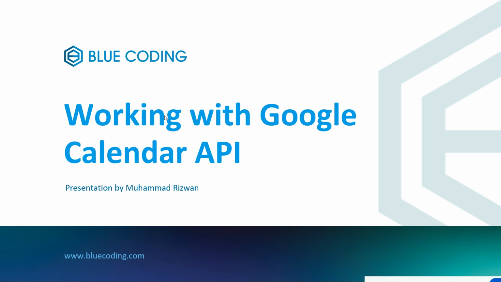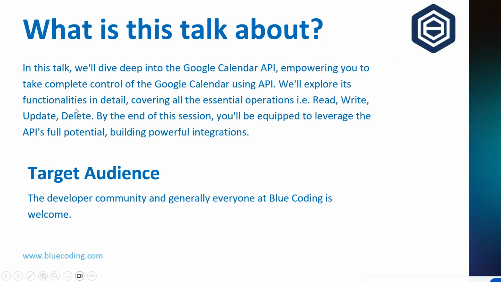So let's start with this. Working with the Google Calendar API. In this particular lesson, we will learn all about the Google Calendar API. We will deep dive into it, empowering you to take control of the Google Calendar using its API.